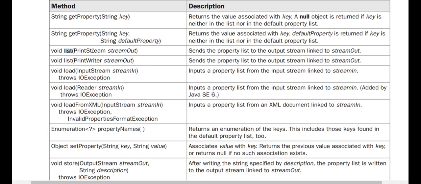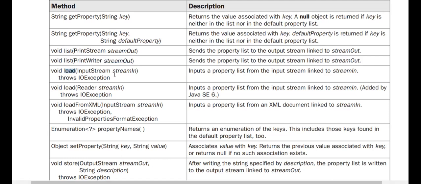Then void list, PrintStream out. So this sends the property list to the output stream, which is linked to stream out. Then void list, PrintWriter. So sends the property list to the output stream, which is being linked to stream out. Then load method.